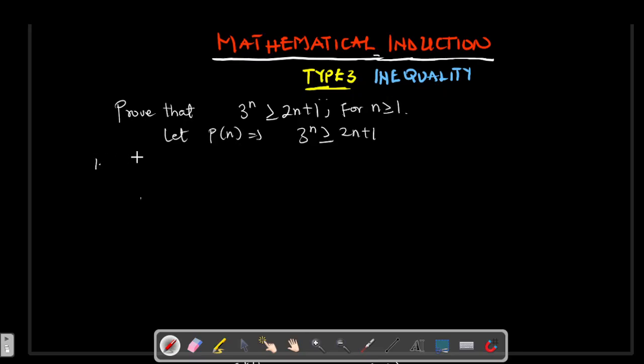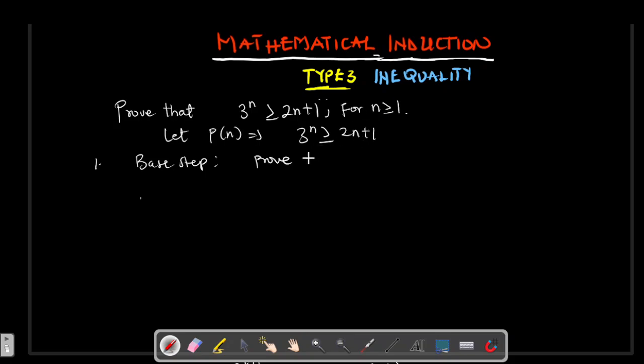As usual, our first step is the base step. With the base step, we prove for the base case. But check something. The base case is saying that it should work for every n greater than or equal to 1, right? So we can use 1 or anything more than 1.